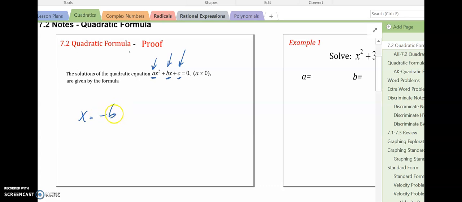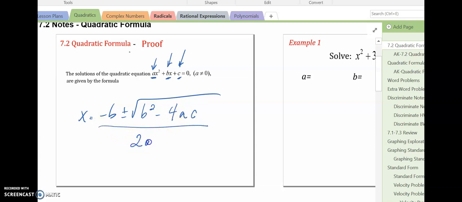And the quadratic formula is the opposite of whatever b is, plus or minus square root b squared minus 4 times a times c all over 2a. A, B, and C, again, are all the variables in the equation. And so it is simply going to be a plug and chug.